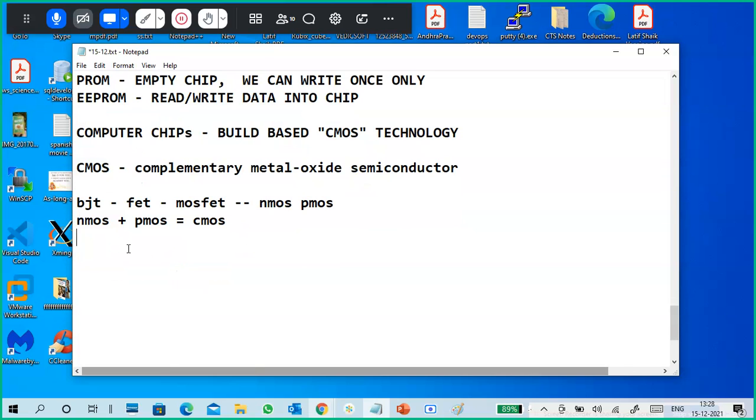Just to reduce the complexity, because some people think CMOS means battery. CMOS does not mean battery. It is a technology, a transistor technology to build a chip. So this is the CMOS. Any CSE guys or ECE guys may see CMOS directly.